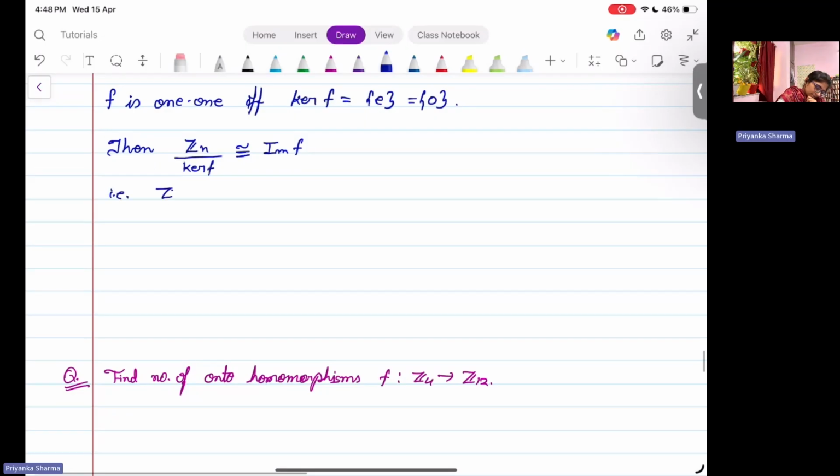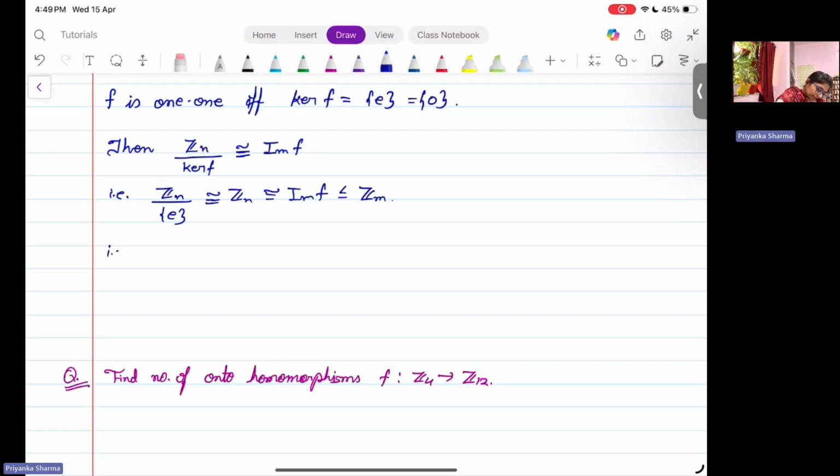That is Zn by identity, which is isomorphic to Zn. This will be isomorphic to image of F, which is a subgroup of Zm.